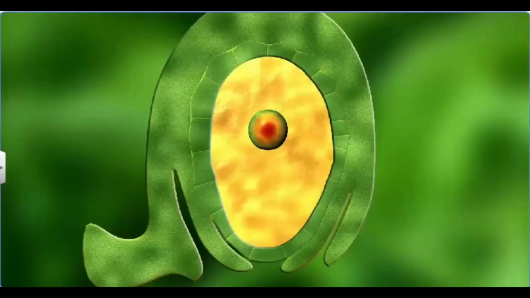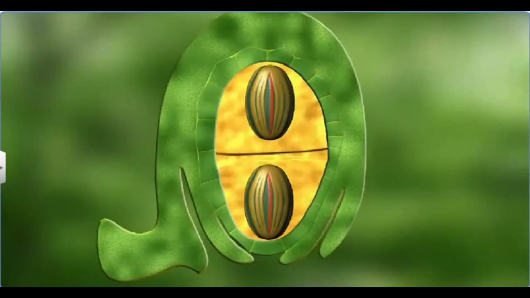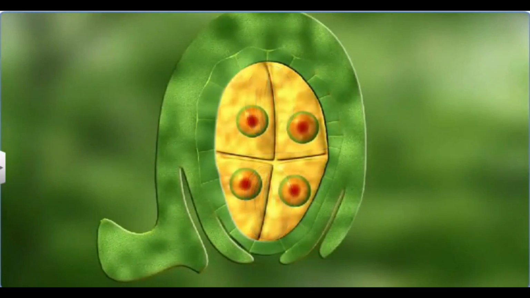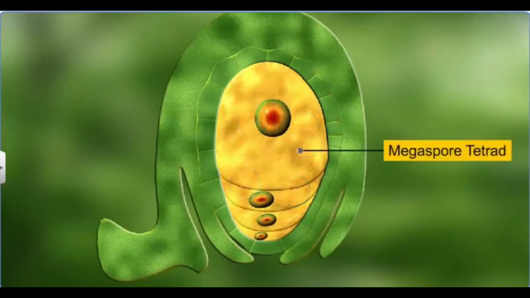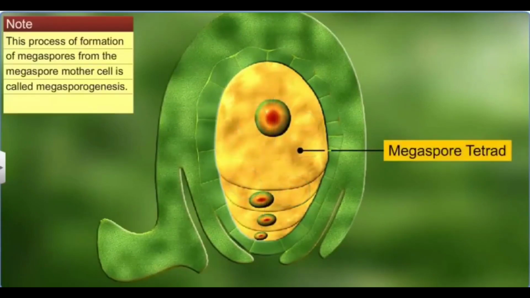The megaspore mother cell undergoes meiosis to form 4 megaspores which arrange themselves in a linear tetrad. This process of formation of megaspores from the megaspore mother cell is called megasporogenesis.